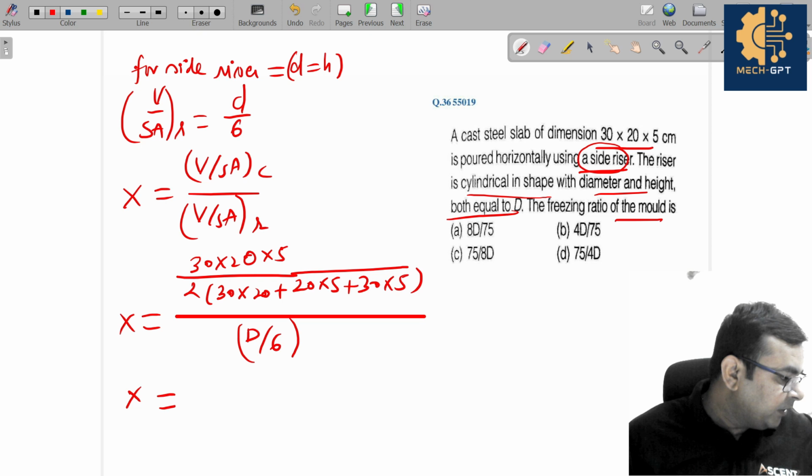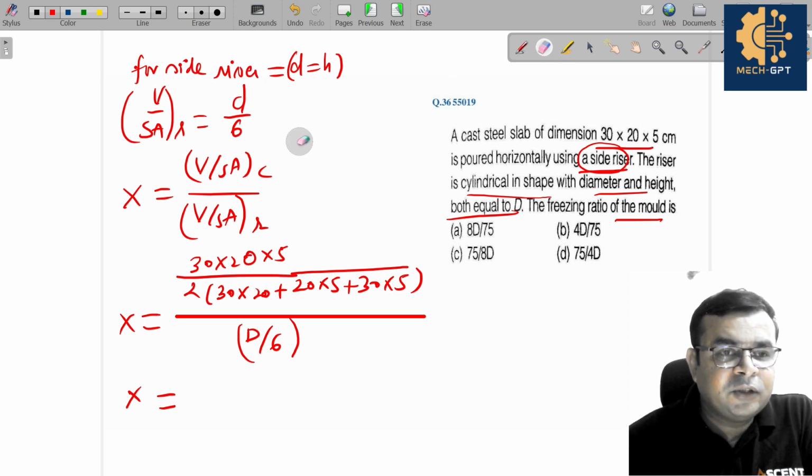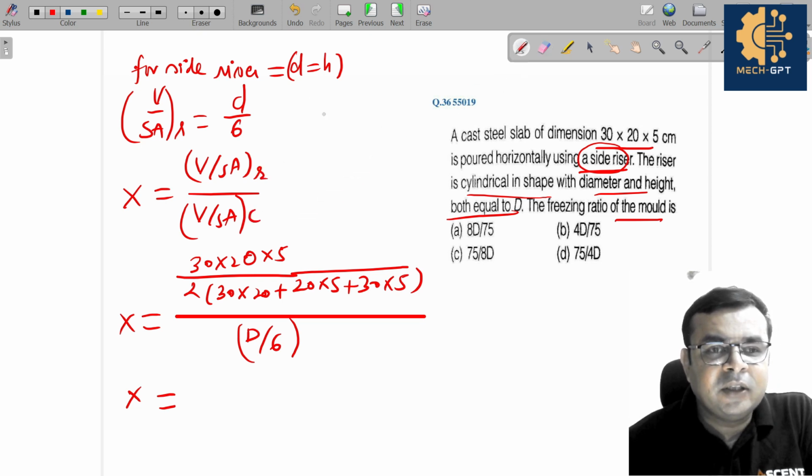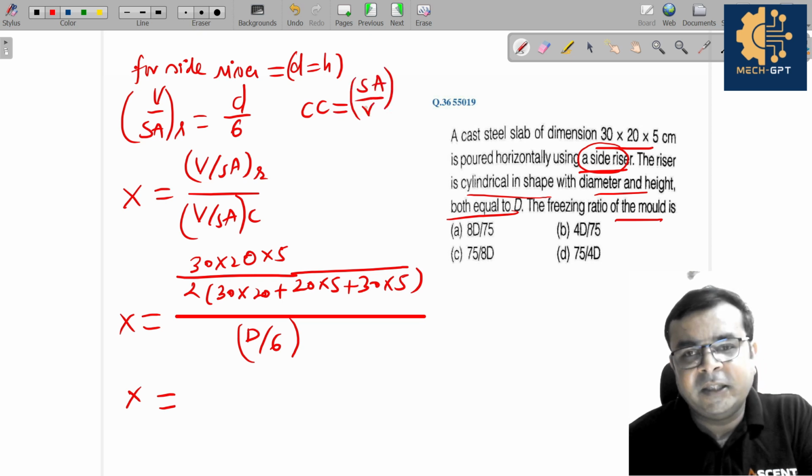This is 8D by, so you can see here, actually this is not V by, this is riser by casting, sorry. Actually, the cooling characteristic is nothing but SA by V, correct?